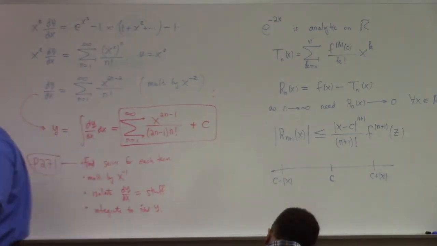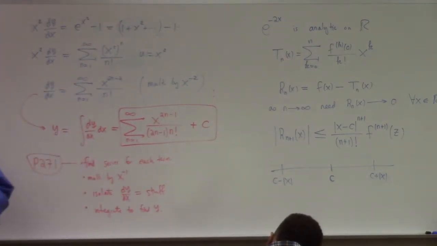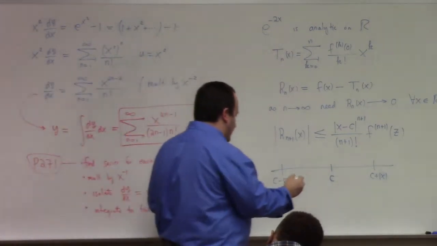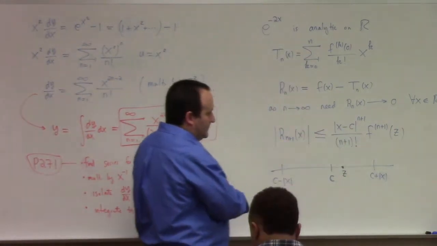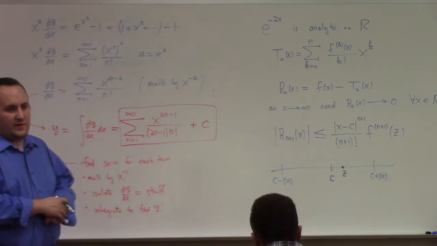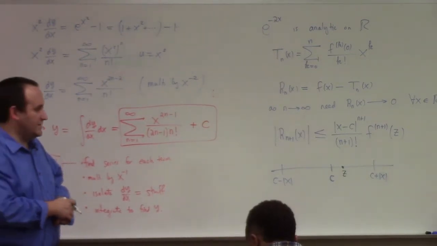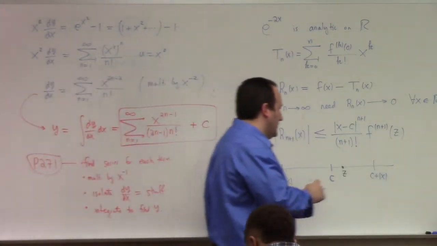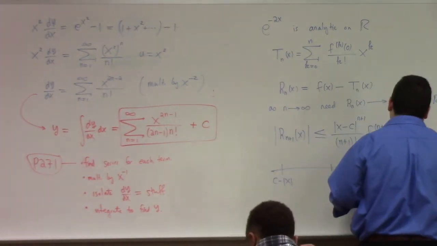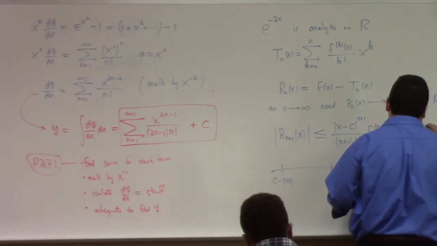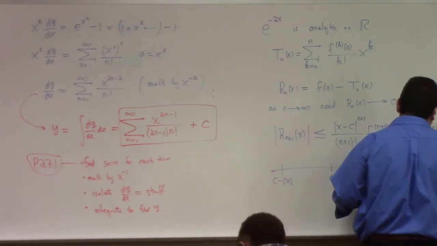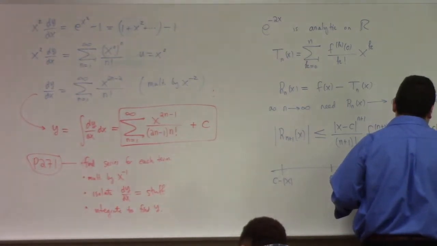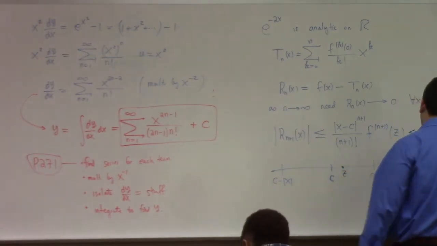The theorem says there exists a z somewhere in there such that this is true. So the way we actually take advantage of this theorem is to say that this is less than or equal to the absolute value of x minus c to the n plus 1 times m divided by n plus 1 factorial.